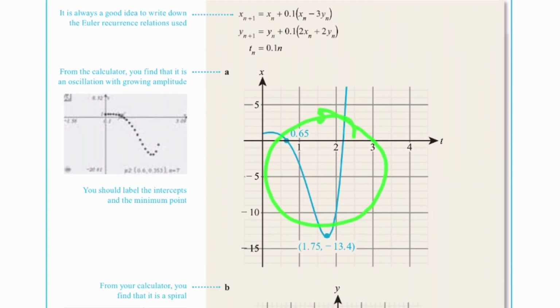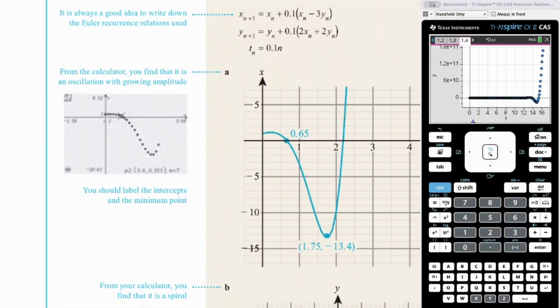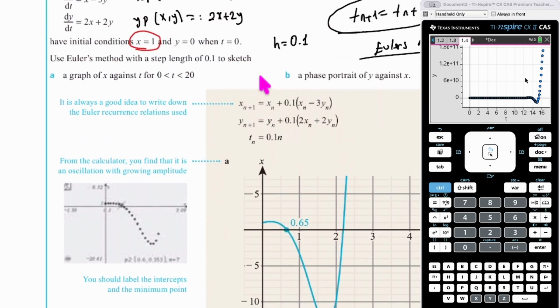The other one should be x. Look at the same graph we saw, right? This graph and our calculator graph, let me show you, is the same. So this is y, as you see here, it's y, right? T. I think they made a mistake here. It should be the other way around. Y graph is this one, x graph is the other one. But you got the idea. This is how you can find the phase portrait by technology.